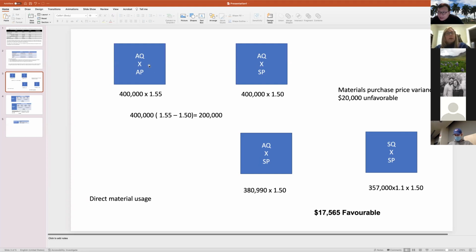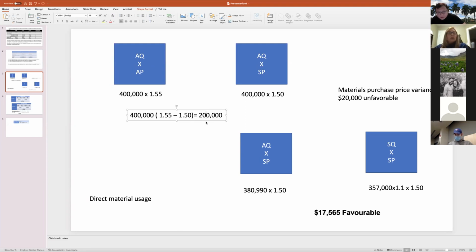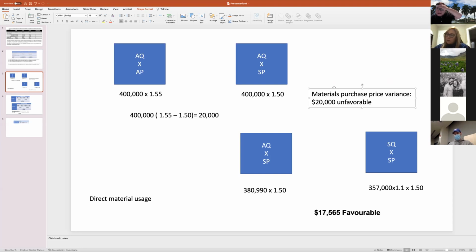So in the end, I'm actually paying $20,000 more to purchase 400,000 kilograms of direct materials. So that is my material purchase price variance. Does that make sense? You actually purchased 400,000 kilograms of direct materials.